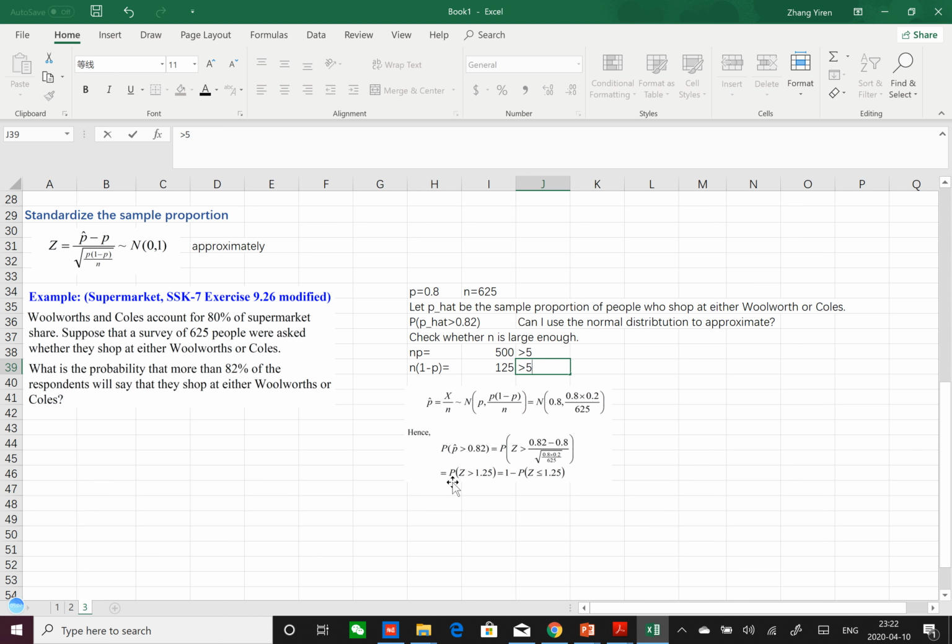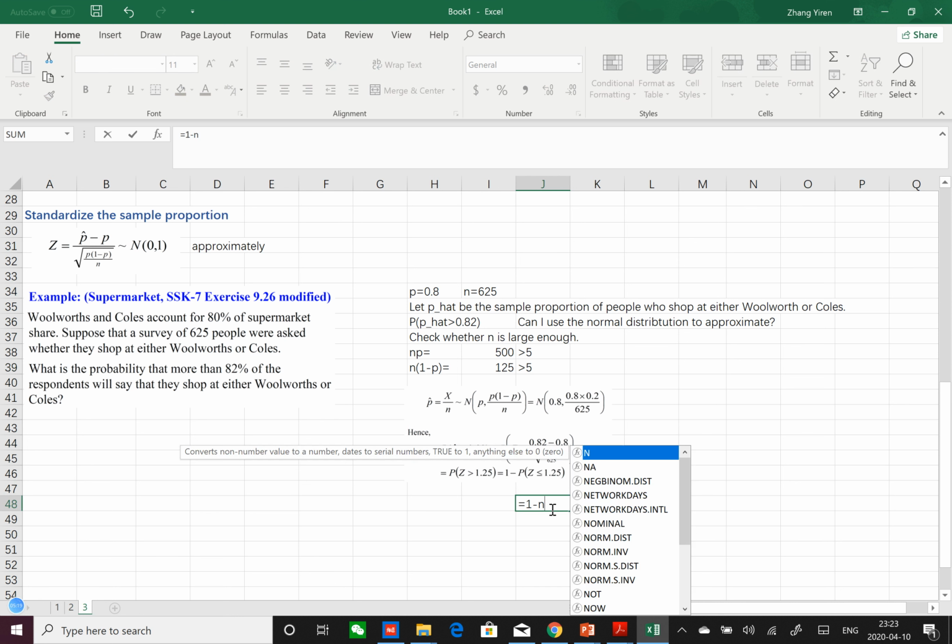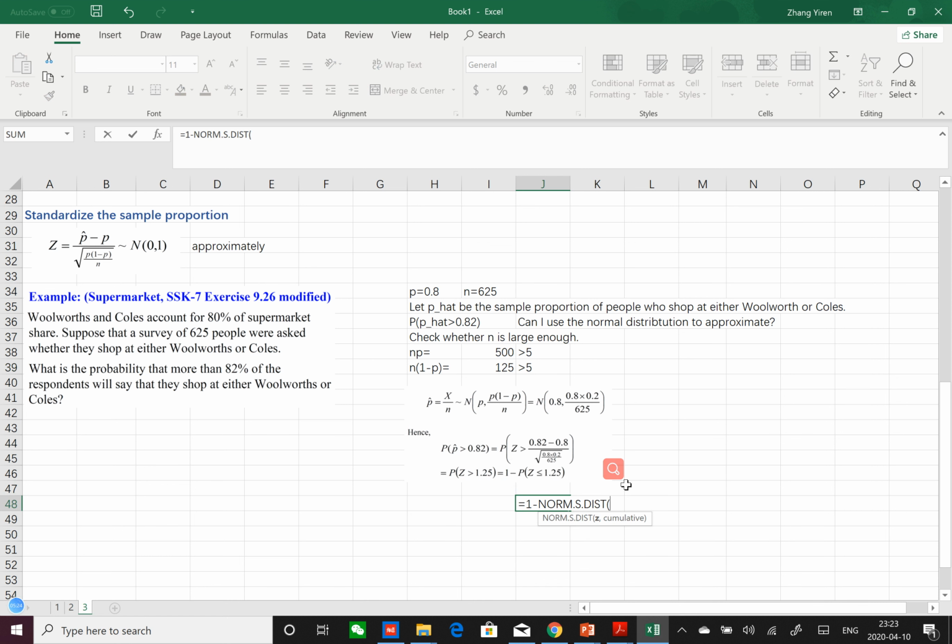It equals the probability of Z larger than 1.25, and we rewrite it so that we can use the formula, which is 1 minus the standard normal distribution function at 1.25. So this is what we want.